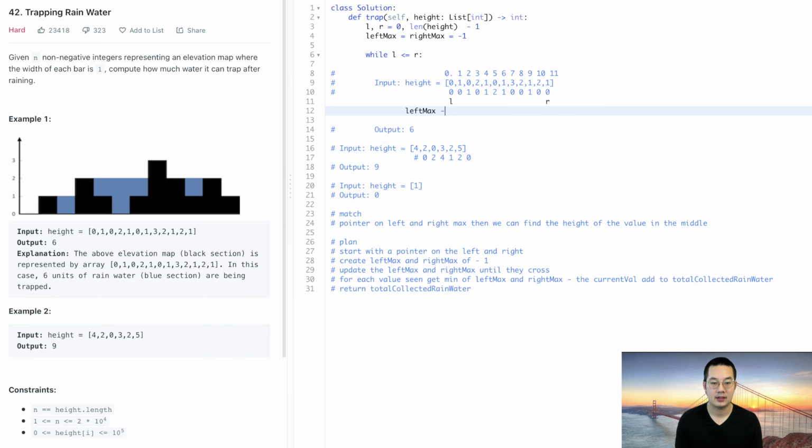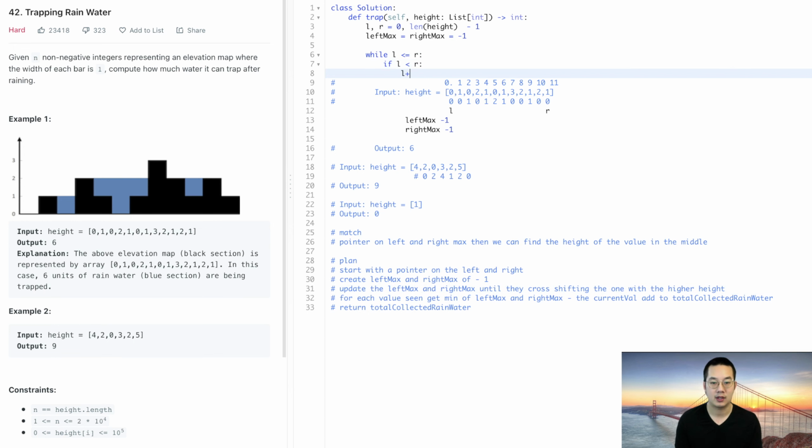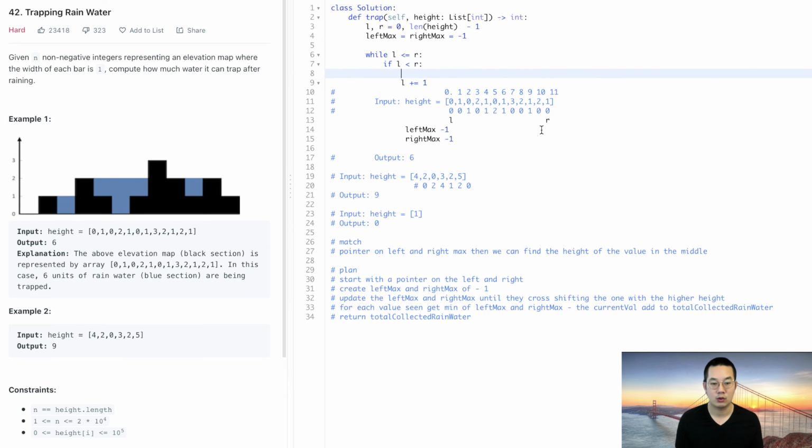Well, let's move the one with the higher height. Okay, so right has the higher. So if left is greater than right, then we'll shift left. Left plus equals 1. Of course, we need to get the total collected rainwater equals 0 at this point.